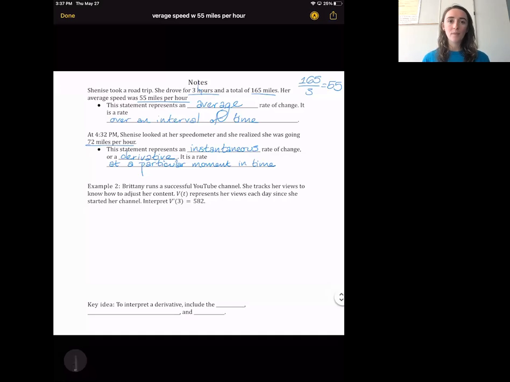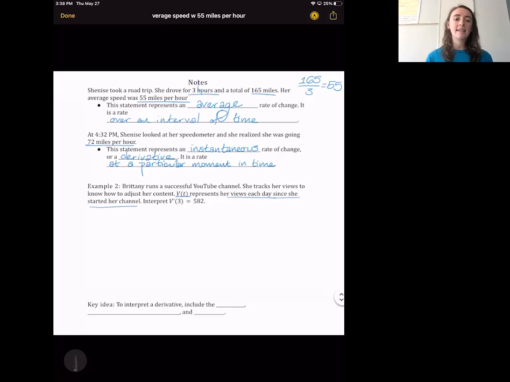Let's read it together. So example number 2 says, Brittany runs a successful YouTube channel. She tracks her views to know how to adjust her content. V of t, this function, represents her views each day since she started her YouTube channel.